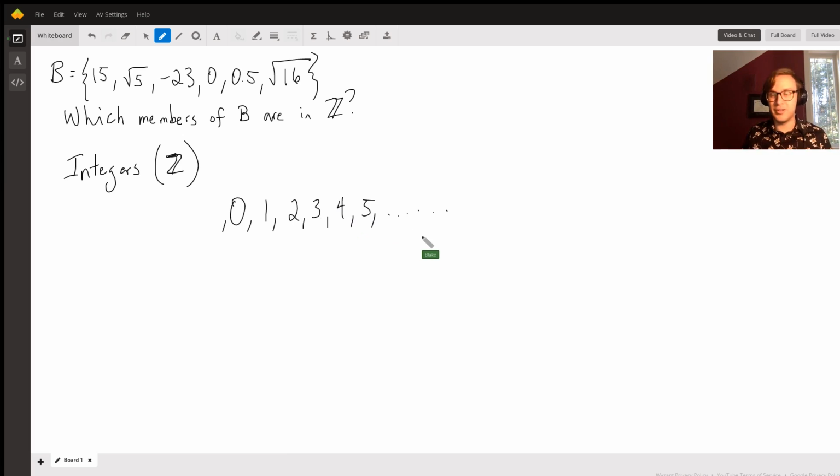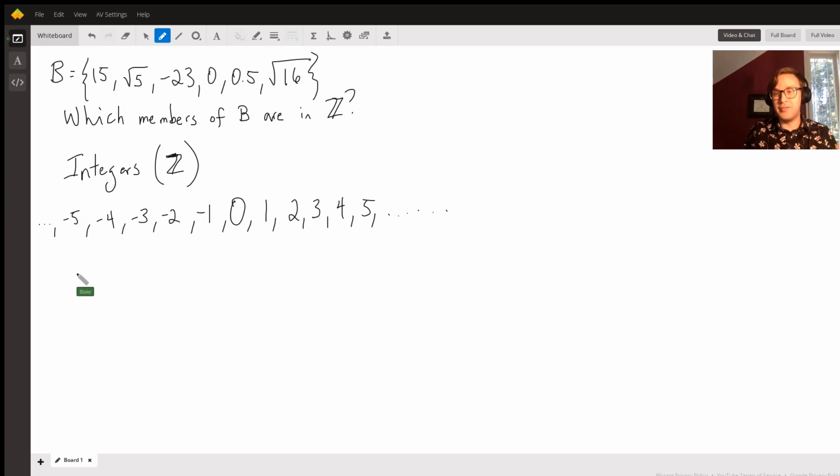Like 100 is an integer, 1000 is an integer, etc. But the negative versions of all of these numbers are also in the integers. So -1 is an integer, -2 is an integer, -3, -4, and -5, etc. So these are all the integers, the positive and negative counting numbers, and 0.